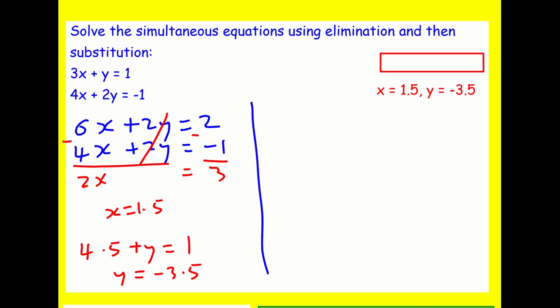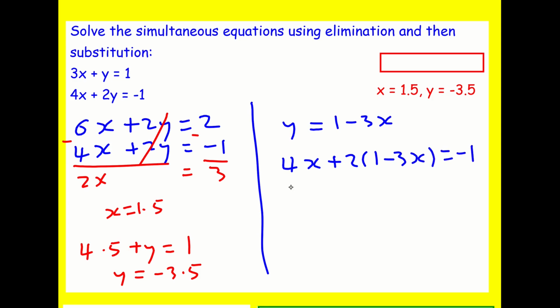Let's do it using substitution. And by the way, like I said, if there was like a 7 here, substitution is just not going to be very nice. You're going to get a fraction going on, but it does work well here. y is equal to 1 minus 3x. Substitute that into this one. 4x plus 2 times (1 minus 3x) equals minus 1.